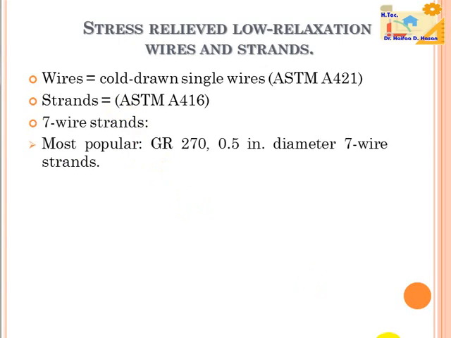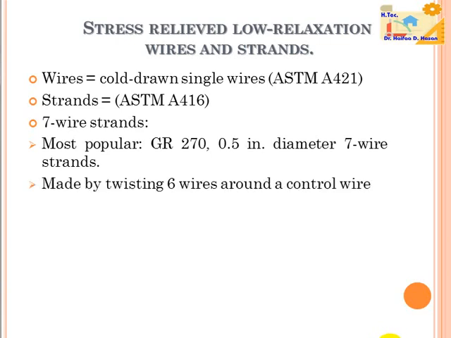The most popular is grade 270, where 270 means the point of failure, with 0.5 inch diameter 7 wire strand made by twisting 6 wires around a control wire.